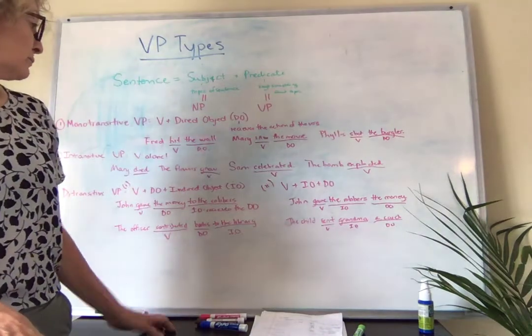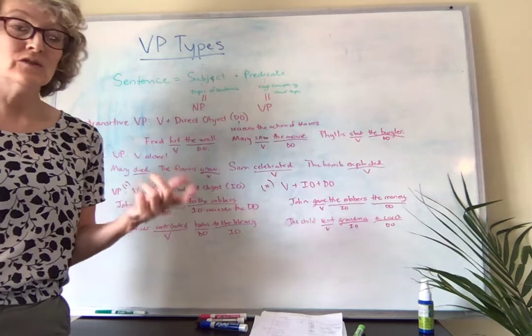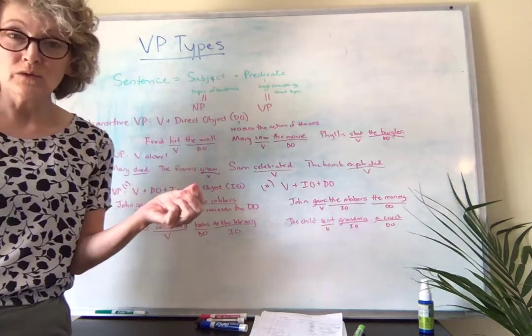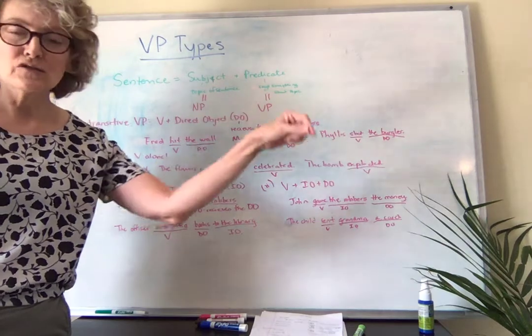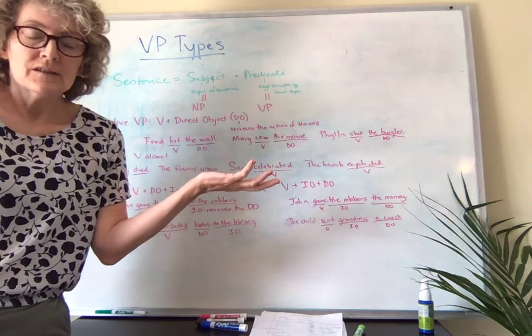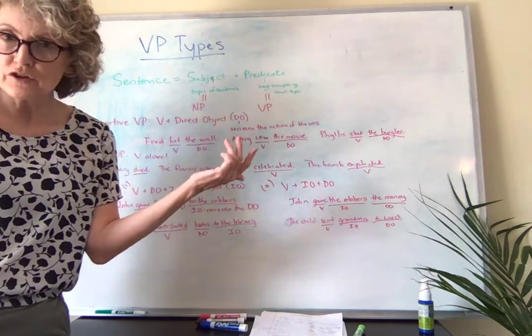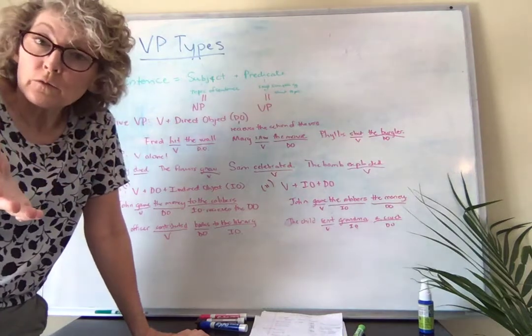Another example would be the flowers grew. When you say the flowers grew, it doesn't mean that there's a direct object there that is missing. It just means that you have an intransitive construction. So the flowers grew is a complete sentence on its own.